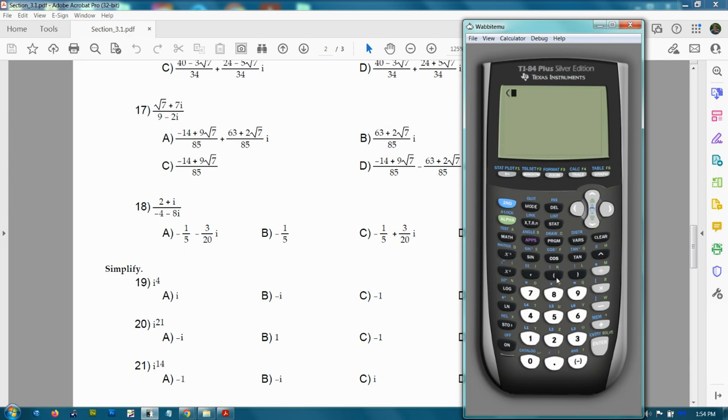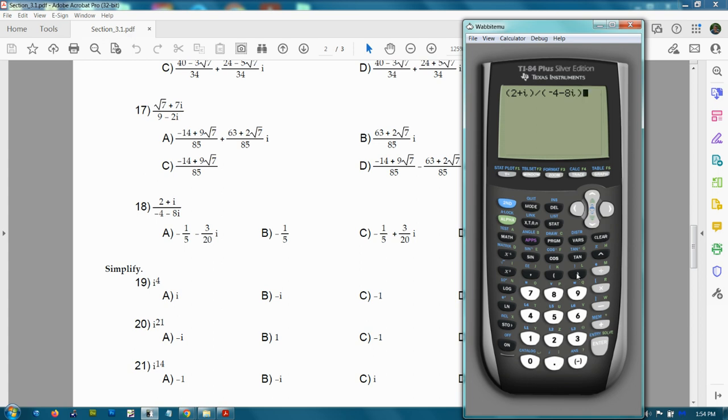So in parentheses, 2 plus I, second function, the period key, number 18, divided by, open parentheses, say, -4 minus 8I, second function, the period key.